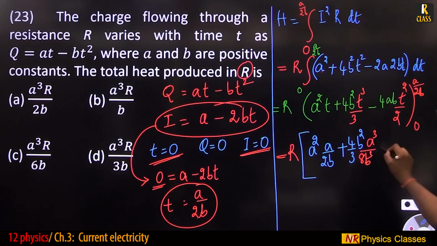Minus 4AB by 2, t square, t square is A square by 4B square.